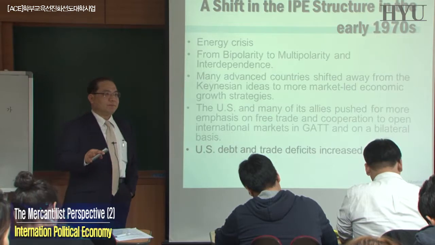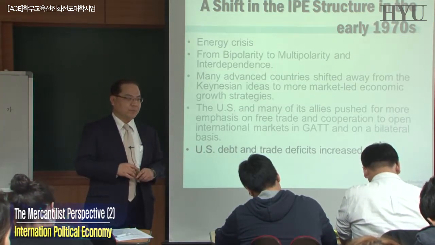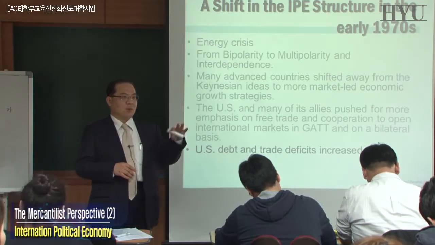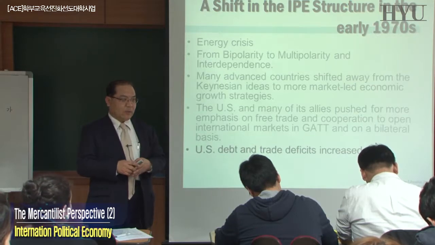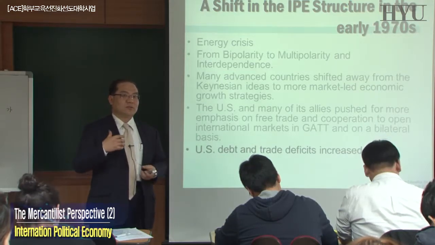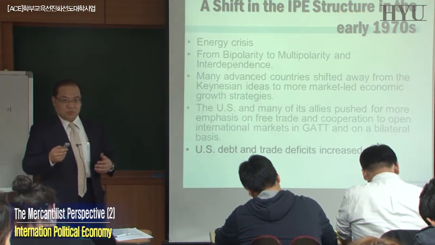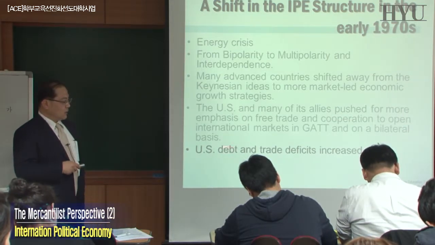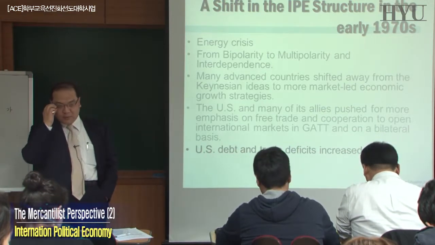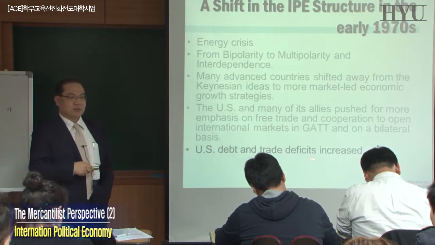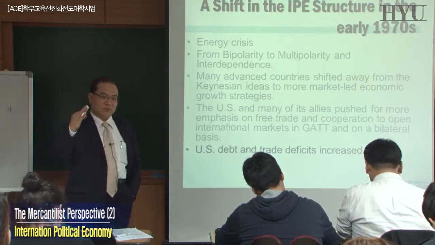And in the meantime, because of challenges from Japan, Germany, OPEC and emerging economies, and due to the legacy of embedded liberalism, the US began to have problems. US debt, trade deficit, right? Budget deficit and trade deficit began to increase. American deficits began to increase.